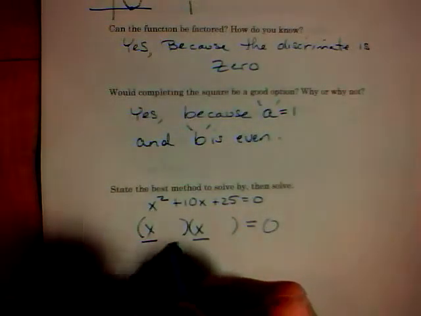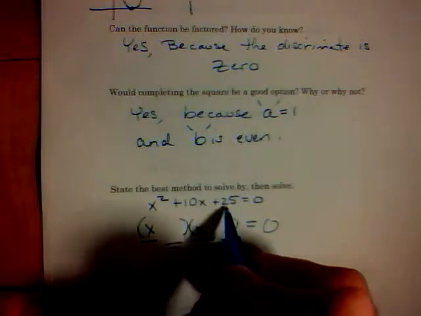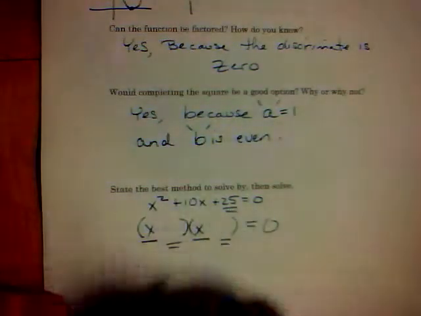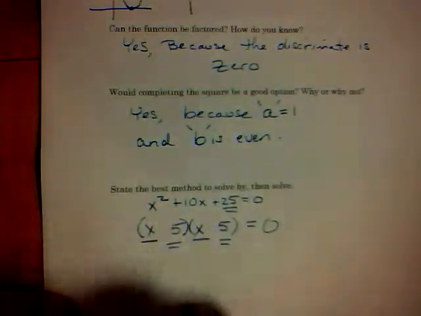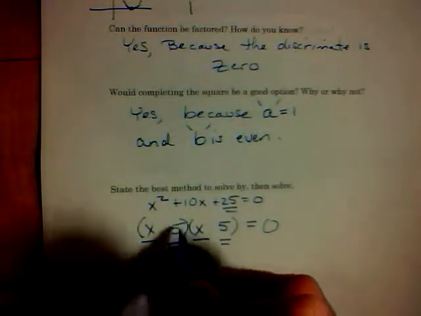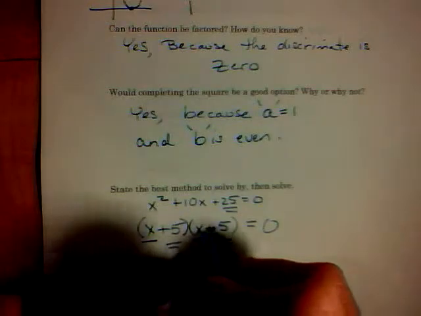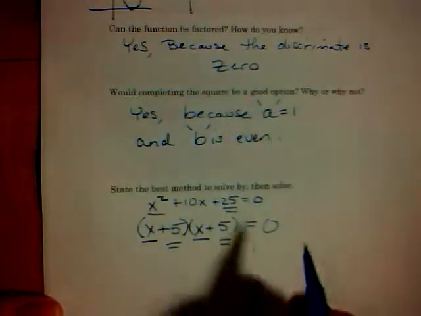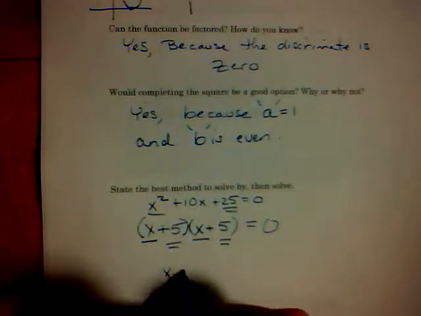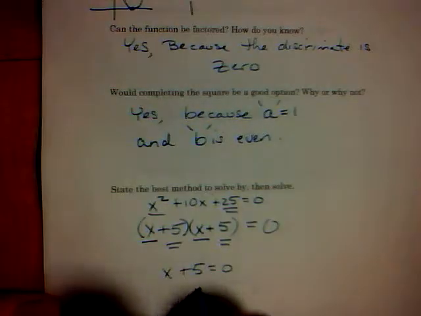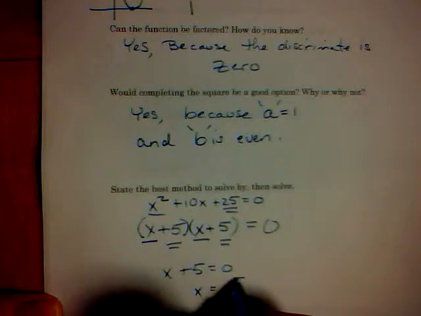Then the last term here times the last term here has to get you the last term there, which in this case has to be 5. And then both of these have to be positive because your middle term is positive. So this is lovely. There's only going to be one answer. We know x plus 5 has to equal 0, so x has to equal -5.